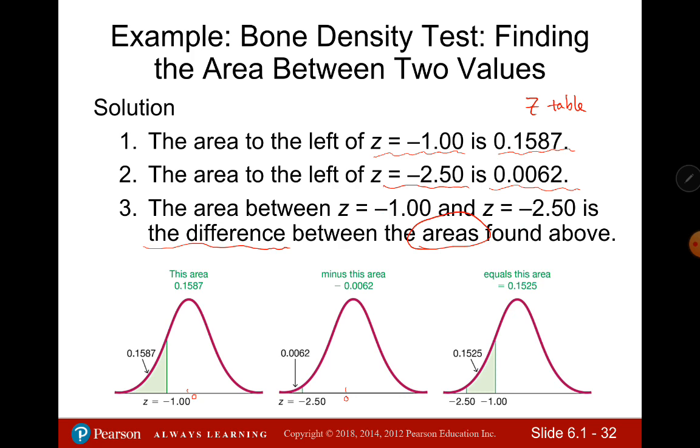This is totally wrong. We first use the z-scores to find the two areas. Last step, find the difference between two areas. And the difference between these two areas is 0.1525. And this is just the probability we are interested in.